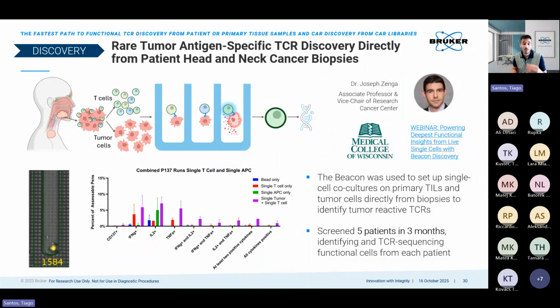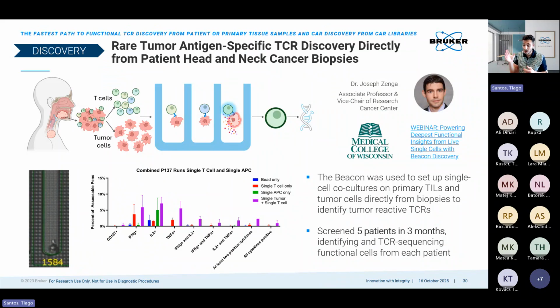For what? Because of what I mentioned. It's a functional-first platform, but it's not an endpoint. What he managed then is to pick up that T cell, export it, and do TCR sequencing to get the sequence, because this is the type of TCR in these T cells that has already been validated in the discovery setting, because we already see that that specific T cell was able to bind, was able to kill the cancer cell.